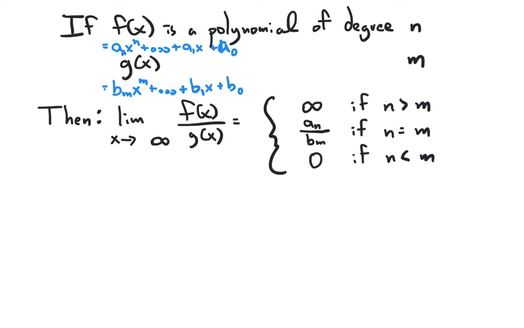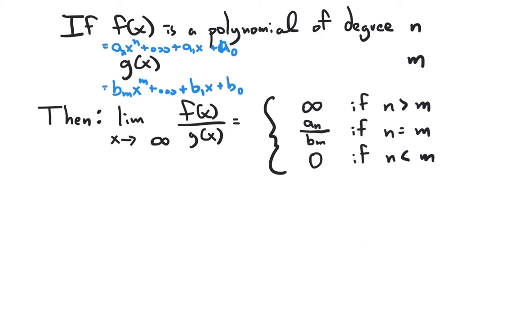So it's just the coefficient of the top one divided by the coefficient of the bottom one. If the top polynomial has a larger degree, then the limit as x approaches infinity is going to be infinity. And if the bottom polynomial has a larger degree, then the limit is going to be 0.